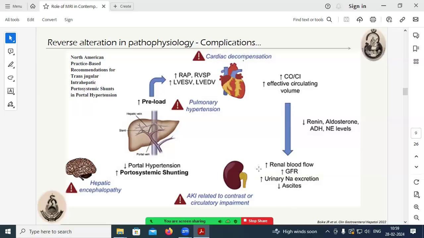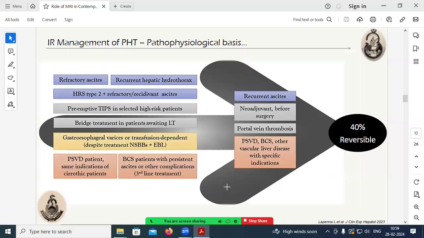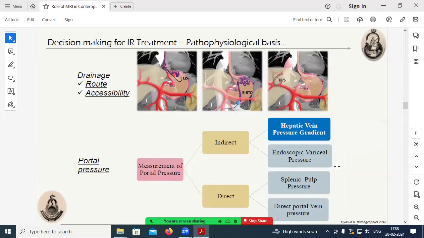Otherwise, once we start the corrective process, these organs will try to reverse themselves, leading to complications. So that is, in short, what we should do. And most of the indications currently are aimed towards these 40% reversible causes only. So we are trying to either halt these or reverse these.